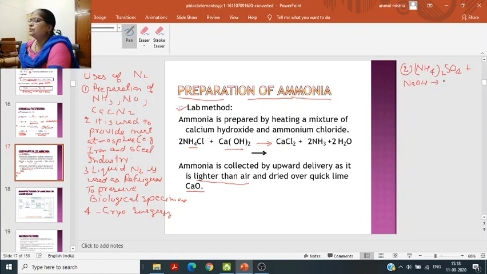It gives you ammonia plus sodium sulfate plus water. And the simplest method, that is nitrogen combines with hydrogen to form ammonia.